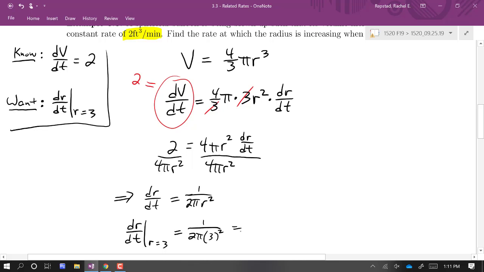So 3 squared is 9, times 2 is 18. So 1 over 18 pi. There it is as an exact value. But it's an application problem, so I think it makes sense to approximate.